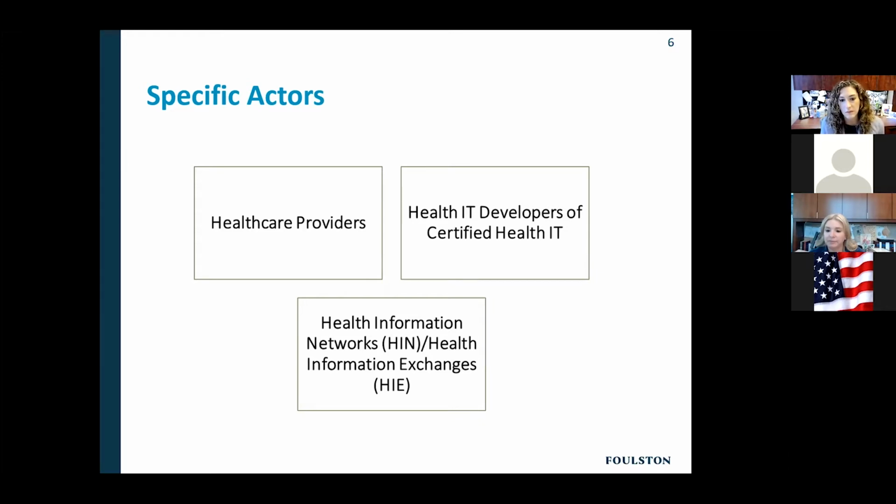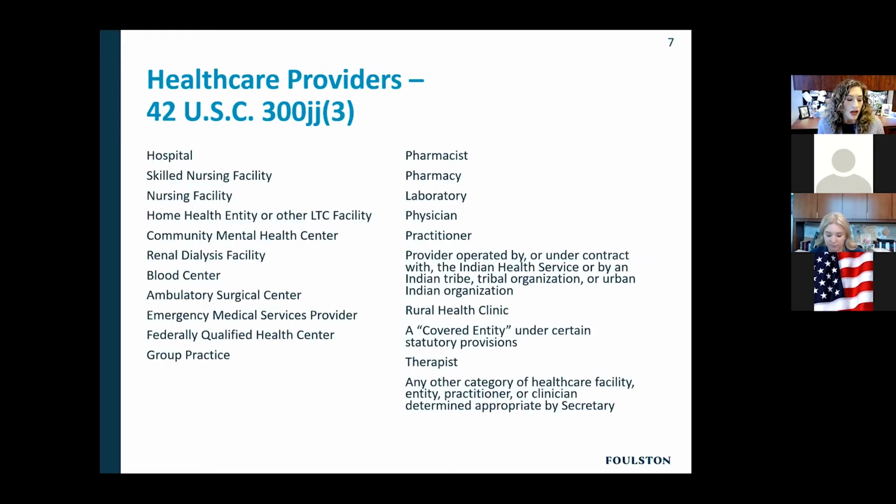Ultimately, the ONC combined health information network and health information exchange into one group of actor, to try and simplify things. But ultimately, these are the 3 different types of actors that are going to be governed by the information blocking rule. As Brooke mentioned, spoiler alert, healthcare providers are probably the big group of people on this call, and also the group that is going to be most impacted by this rule.